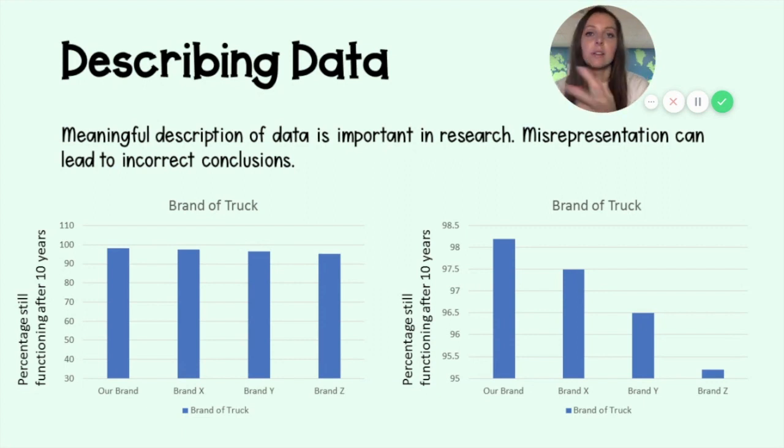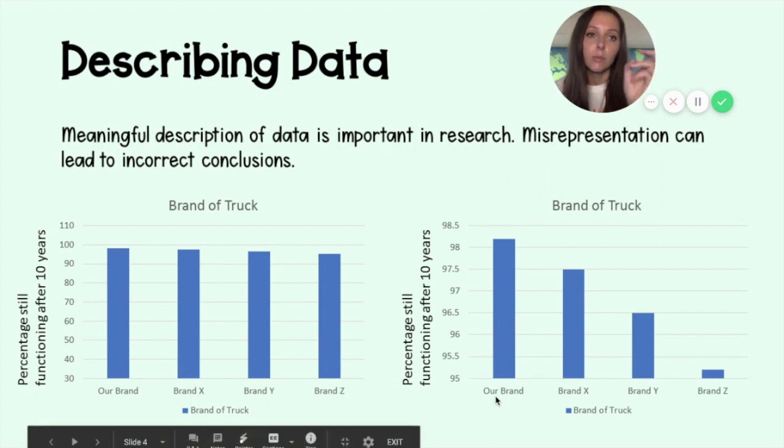So if you look down at the 2 graphs, you can see that they're measuring the same thing. You have your brand of truck. You have our brand, the brand that's putting out this data. Then you have brand X, Y, and Z. And you have the percentage of the trucks that are still functioning after 10 years.